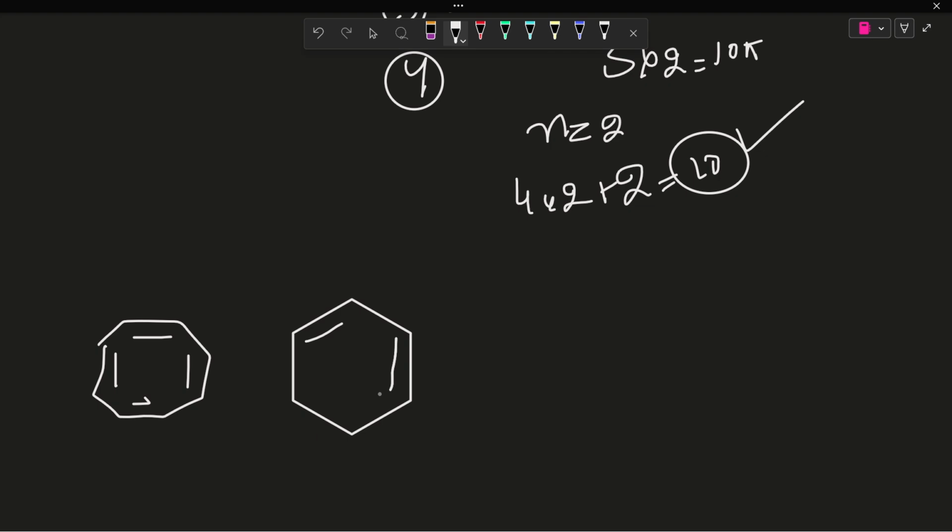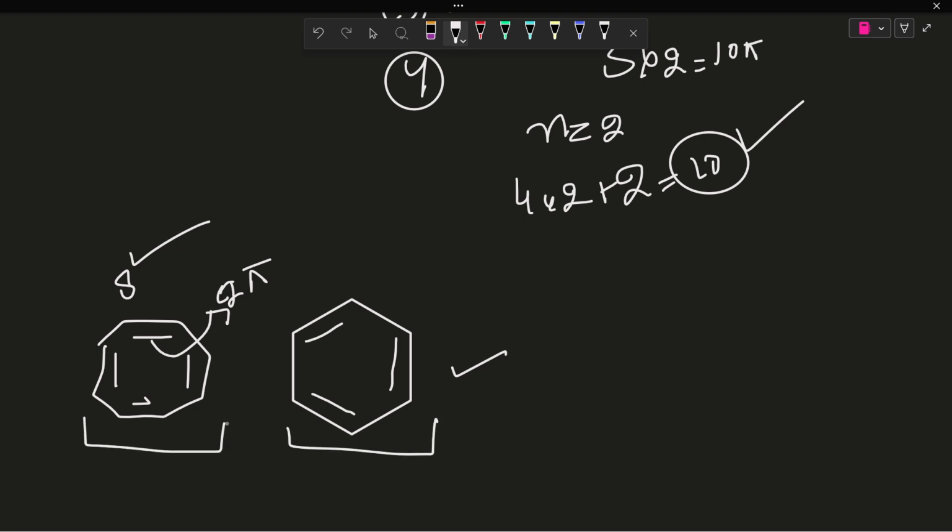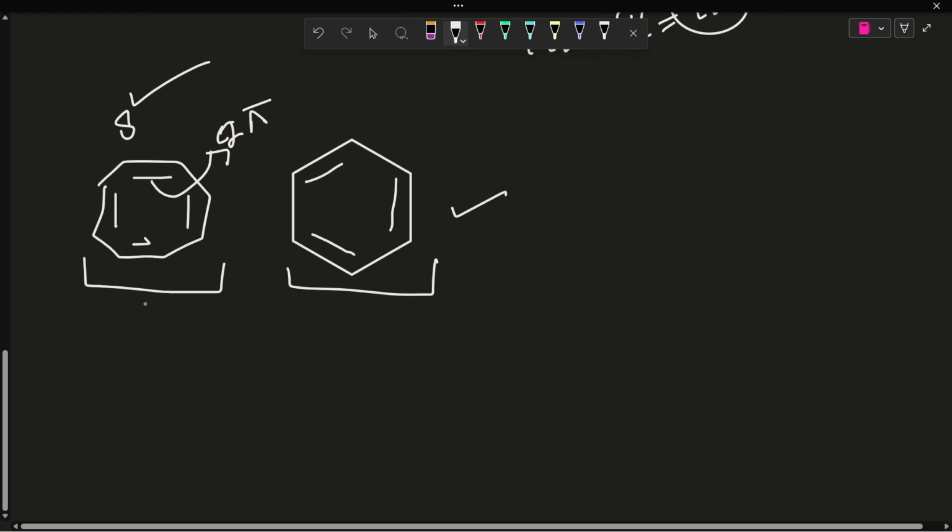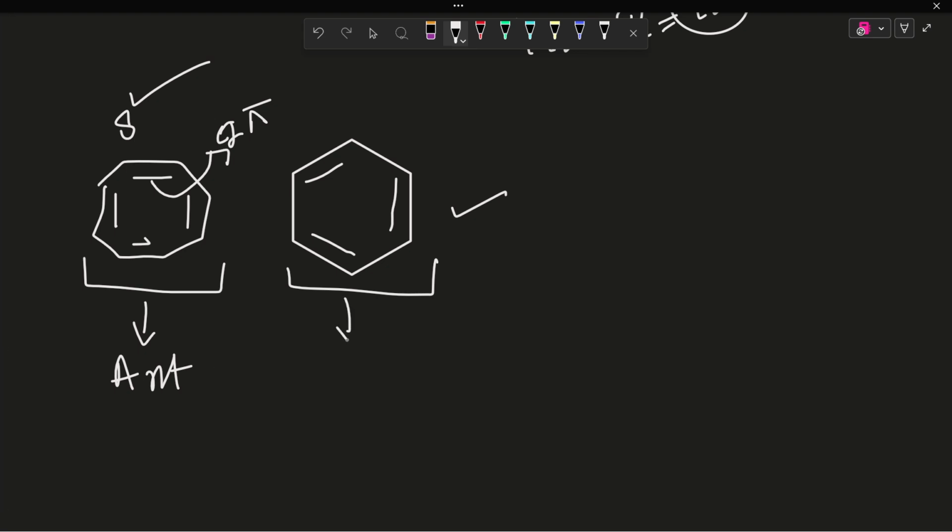The only difference is that here it has 2 more pi electrons, right? Also, it is one step forward of benzene, that is, this is 6-membered and this is 8-membered, right? But it was found that benzene is highly stable, whereas this was highly unstable, and this was later attributed to its anti-aromatic nature, and benzene was aromatic. Fine. Also, you must know anti-aromatic compounds are highly unstable. They usually degrade into some other compounds.